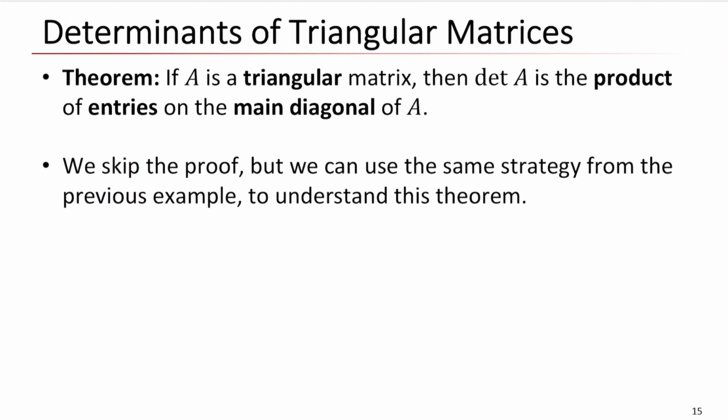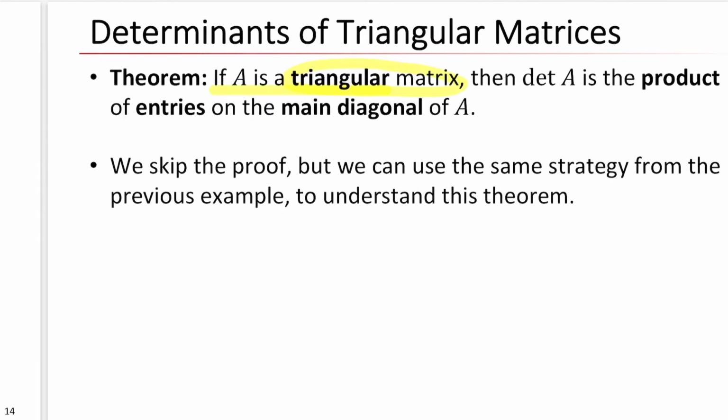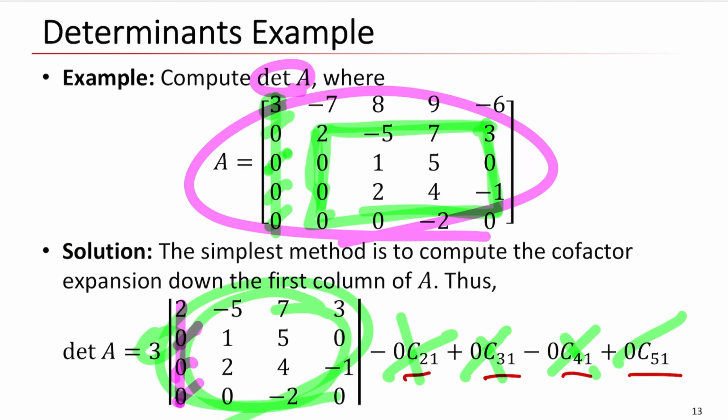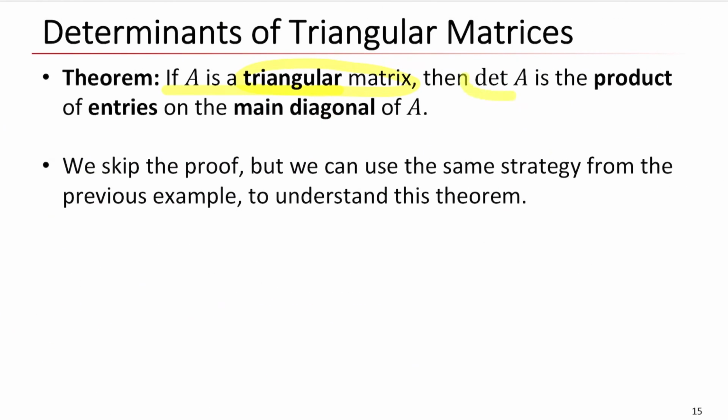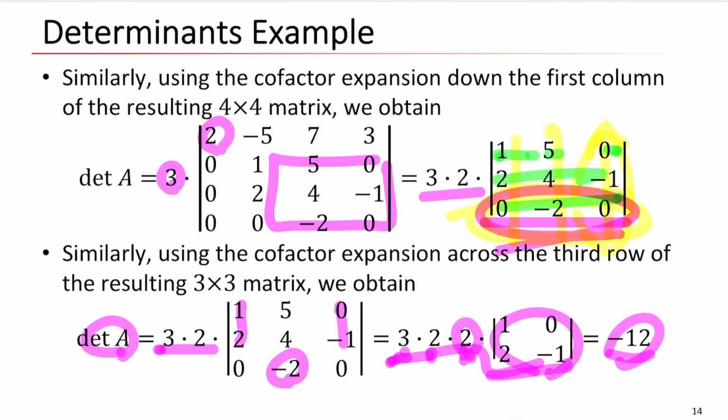Okay. So here's a very interesting observation. If the matrix A is a triangular matrix, something like this, right? This is a triangular matrix. Then the determinant of A is the product of the entries on the main diagonal of the matrix A. So what does it mean? We will skip the proof, but we can use the same strategy from the previous example to understand this theorem.